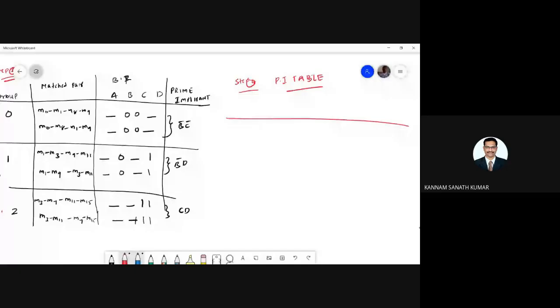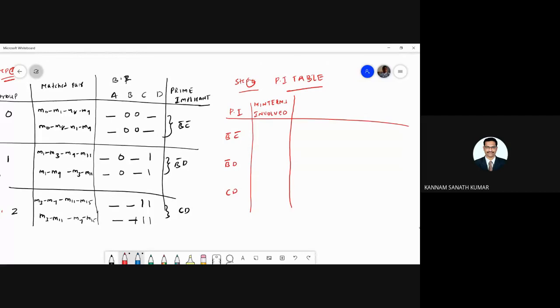And next, min terms involved. Again next you have to write whatever the prime implicants. So what are the prime implicants? B bar, C bar, B bar, D, and CD.